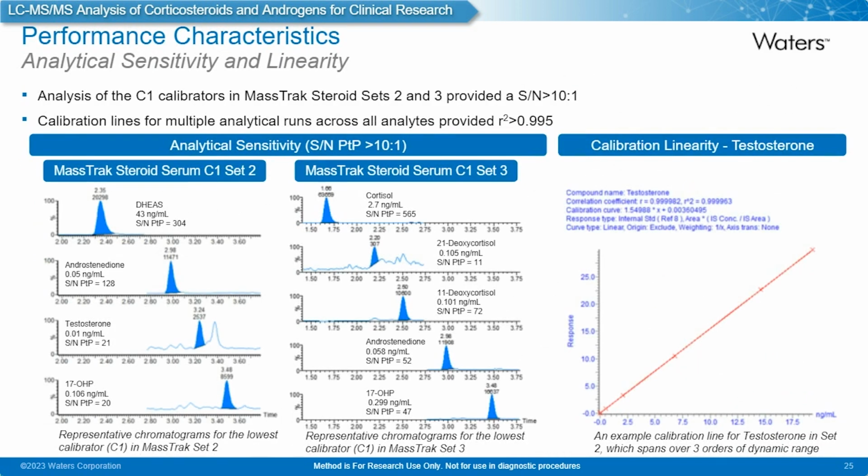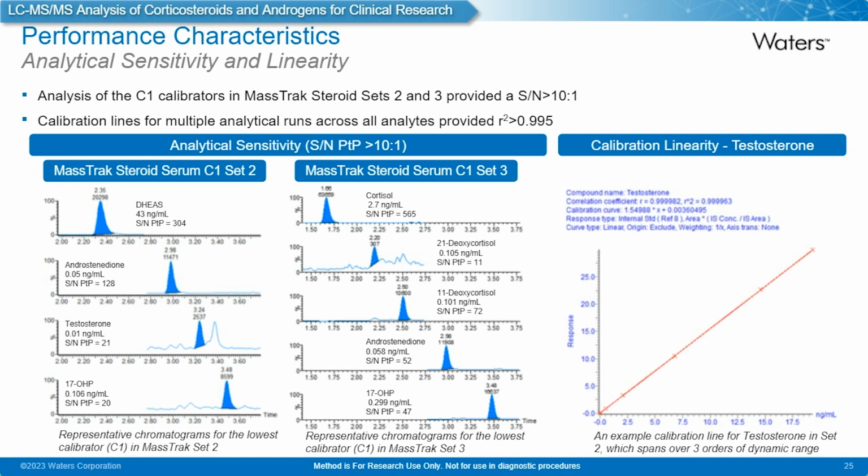And also there are some high-level performance characteristics around analytical sensitivity and linearity. So what I've done here is highlight what we achieve for analytical sensitivity of the C1 calibrator in MassTrak sets 2 and 3, which provide a signal to noise greater than 10 to 1. As you can see, signal to noise across both sets using this method on a TQ-S micro is more than enough in terms of performance.